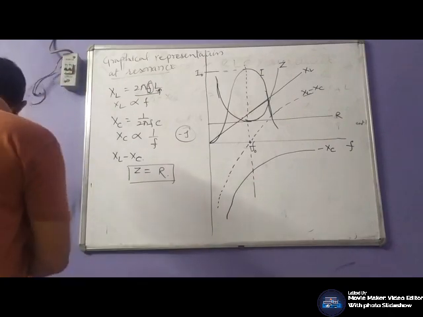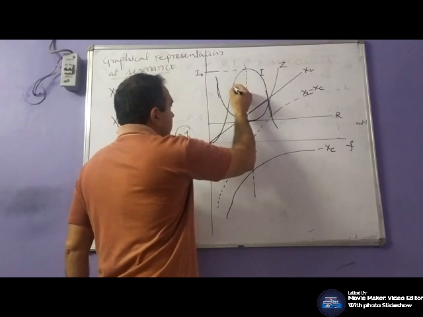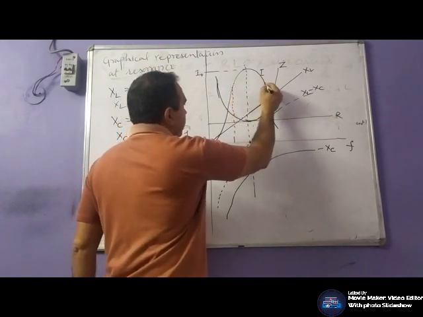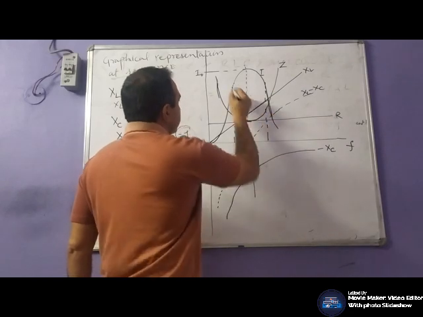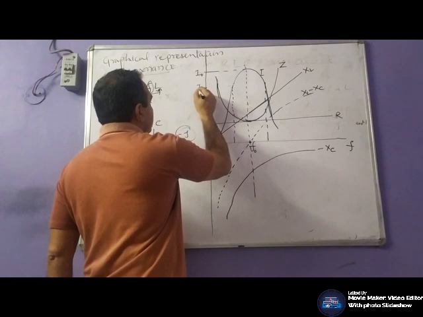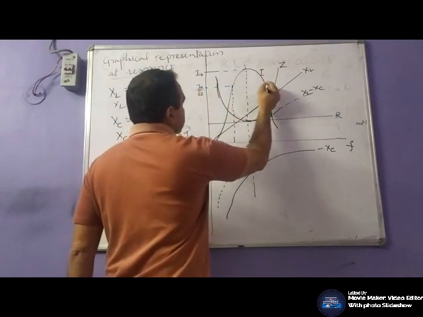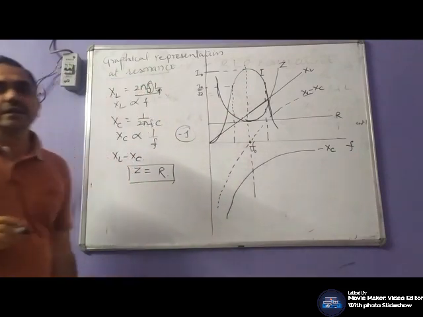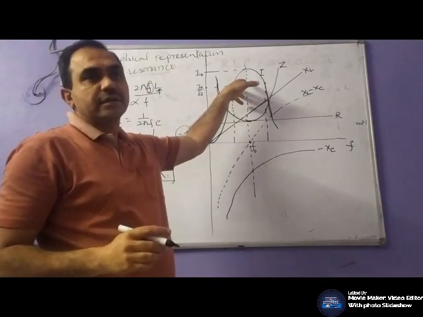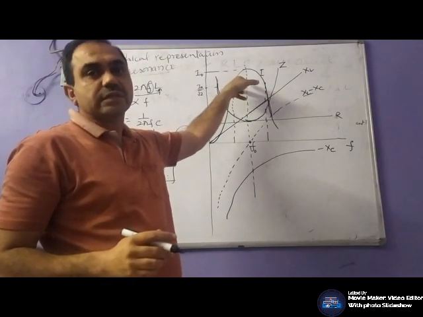Now, at certain currents, let the current be I naught by root 2. We have 2 points. These are half power frequency points.